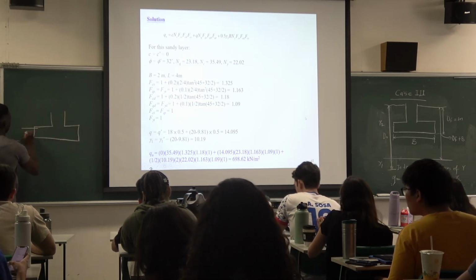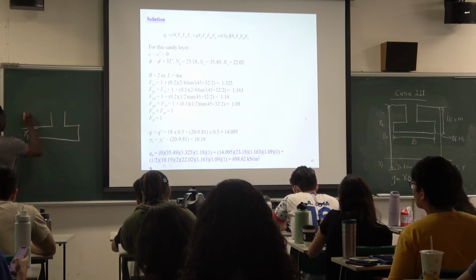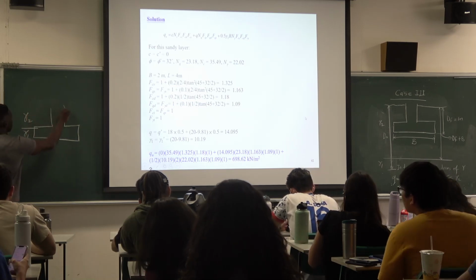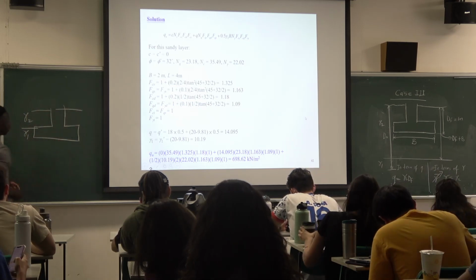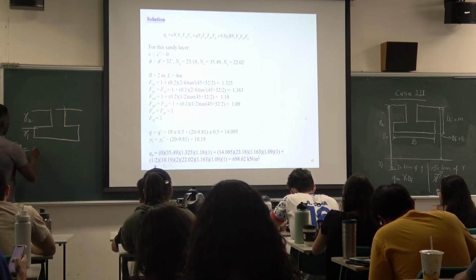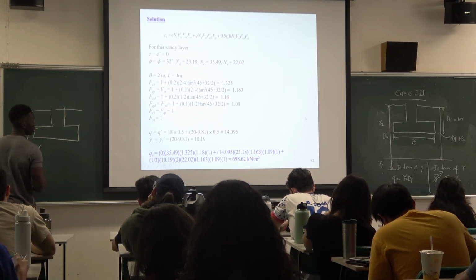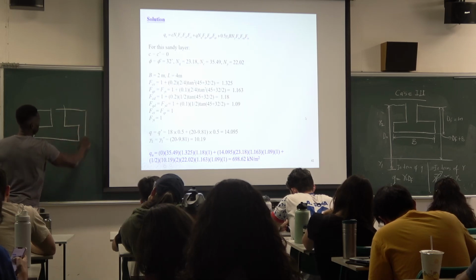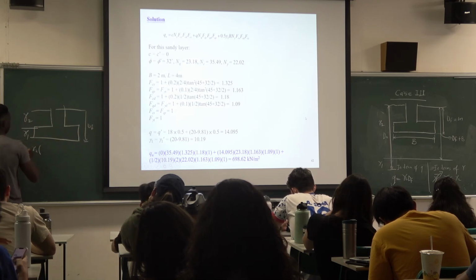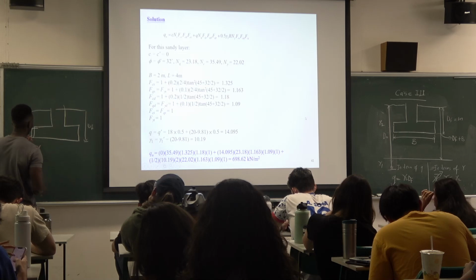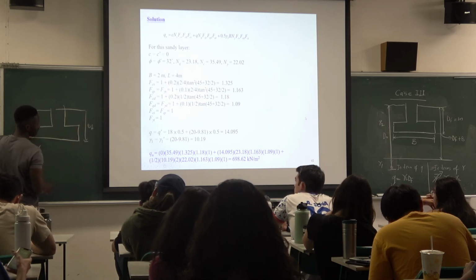Okay, so this is gamma 1, this is our gamma 2. Right, so the Q is just going to be gamma 2 multiplied by the depth of the foundation minus this.